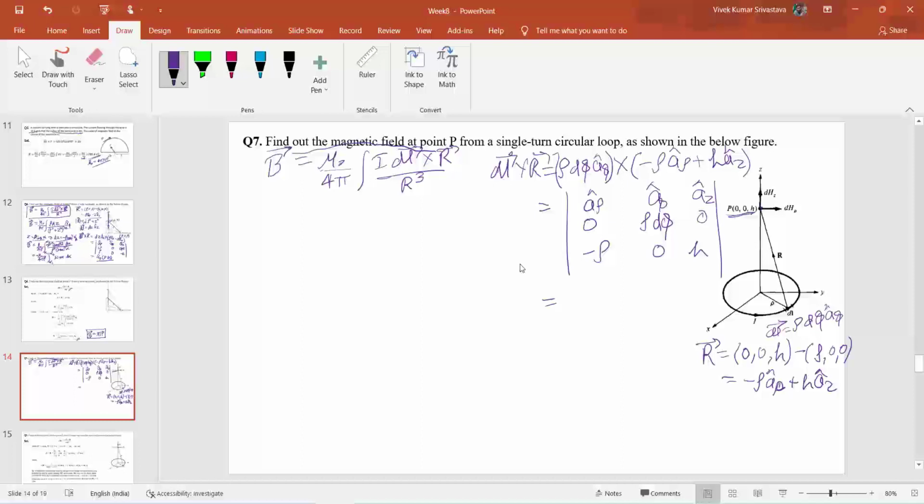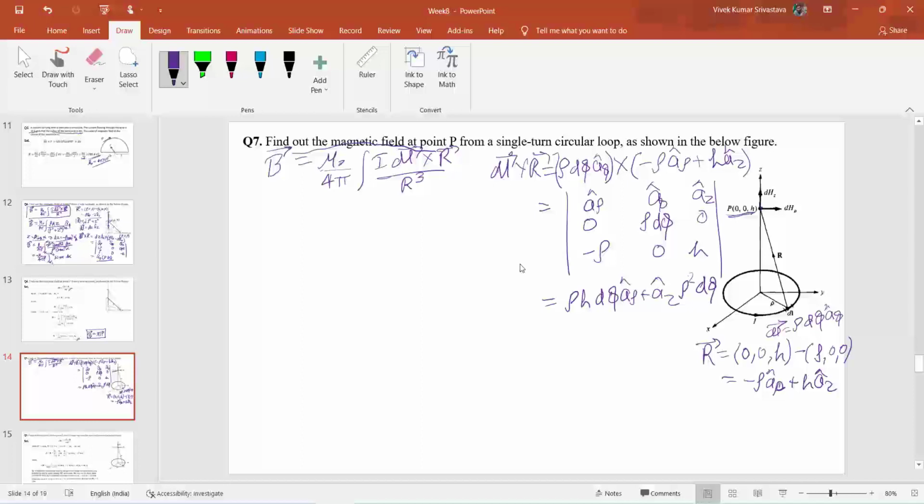So we can determine this as rho h d phi a rho, then the a phi term will be 0, and then plus a z rho square d phi.